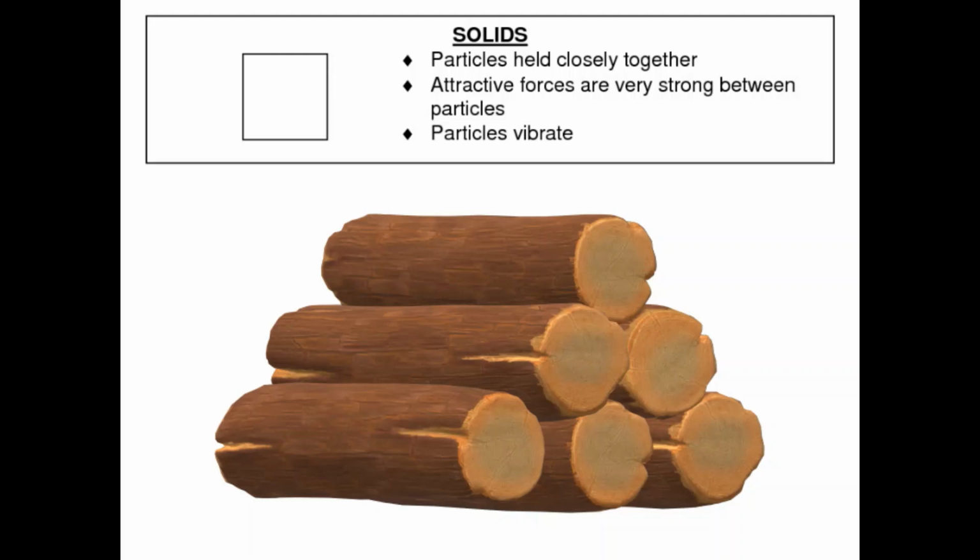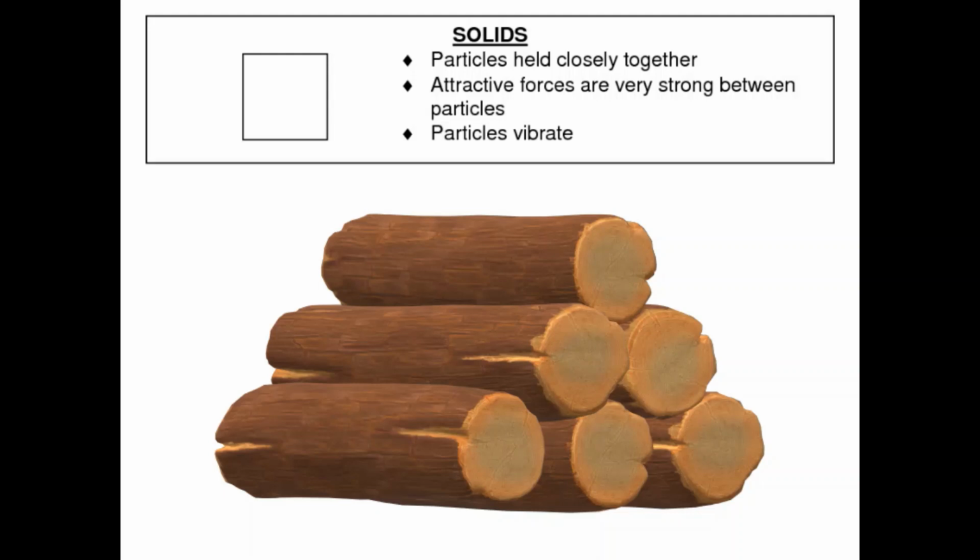Okay, it's a solid, so the particles are held closely together. Attractive forces are very strong between the particles because it's solid, and they vibrate. Vibrate means they could shake if you move them. Okay, so this is the first example I'm giving for the characteristics for the solids in states of matter.